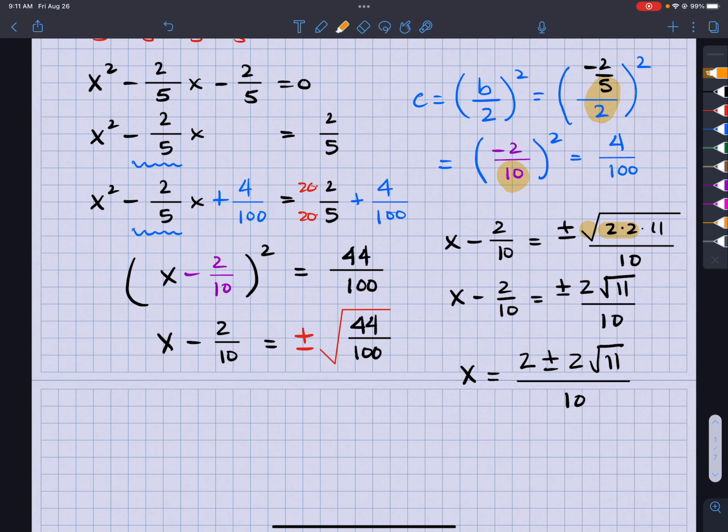Now there is a number that goes into 2, 2, and 10, which is 2. So x is now going to equal 1 plus or minus the square root of 11 all over 5. And that, ladies and gentlemen, is going to be choice B.